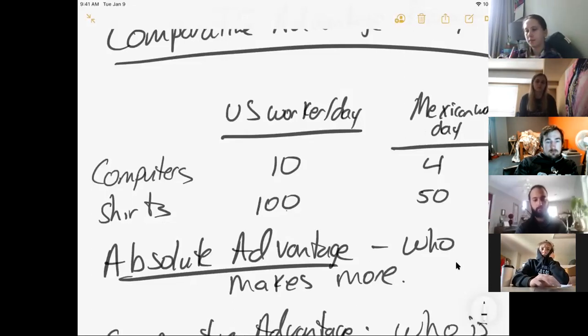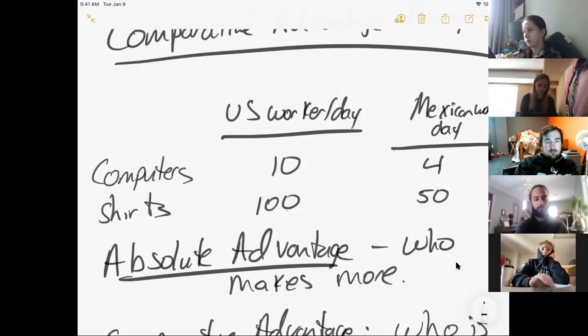So if the US moves to a free trade zone with Mexico, what's going to happen to those workers who are making shirts in the United States? They're going to lose their job, right? What are they going to have to do? They're going to have to be retrained to make computers. They might have to move to a different part of the country.